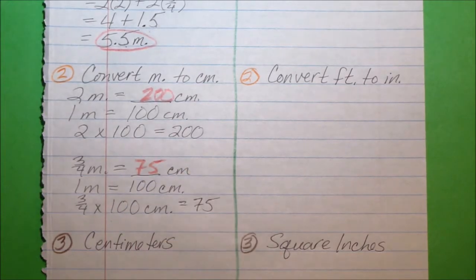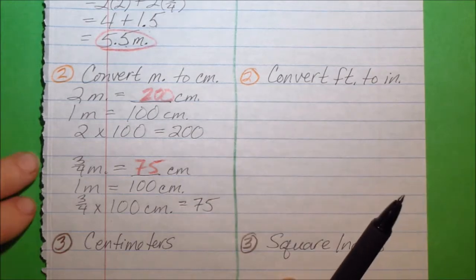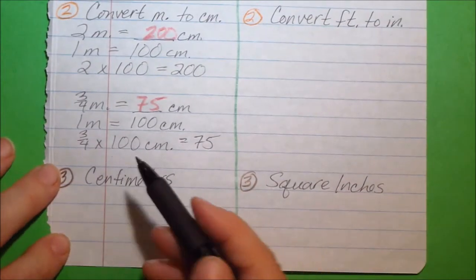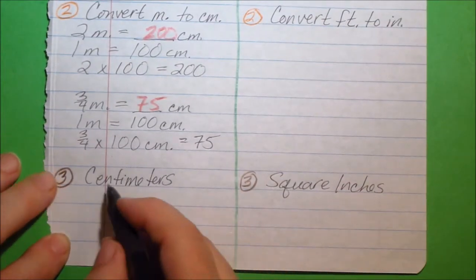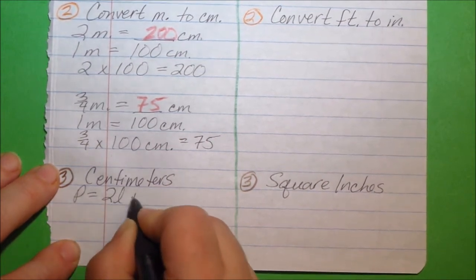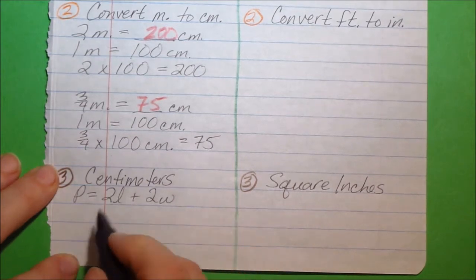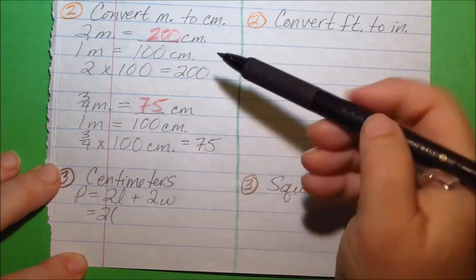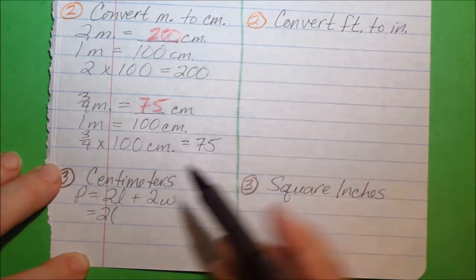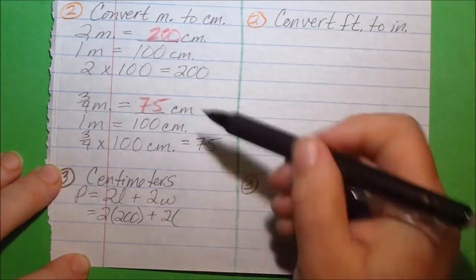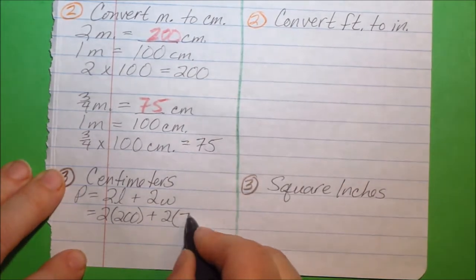All right, now that I have these converted into centimeters, I can calculate the perimeter of that rectangle in centimeters. Again, P equals 2L plus 2W, which means 2 times my length in centimeters, which is 200, plus 2 times my width in centimeters, which is 75.